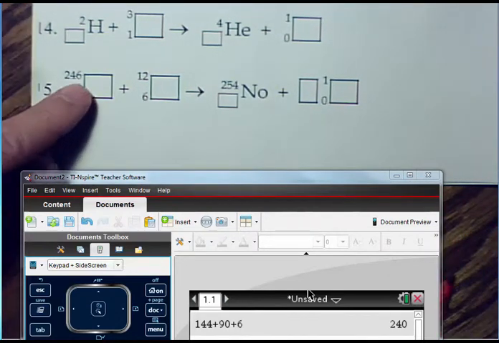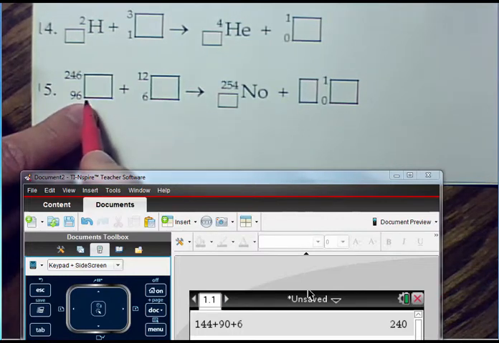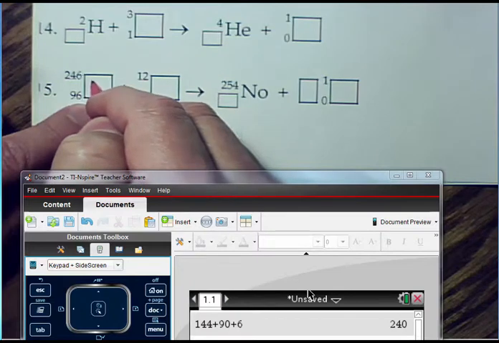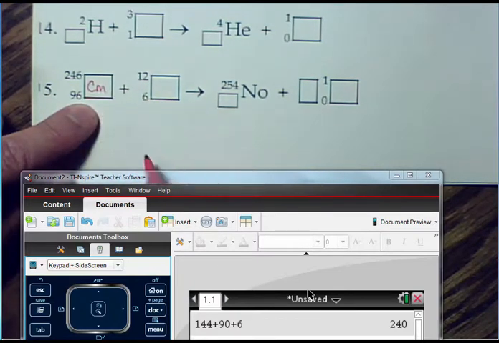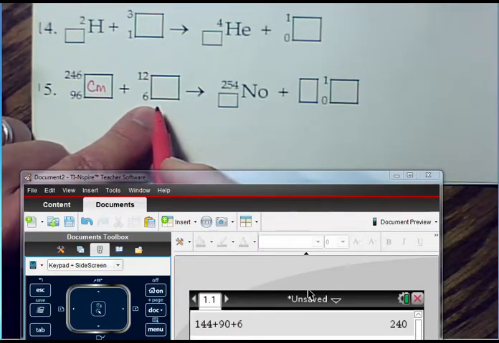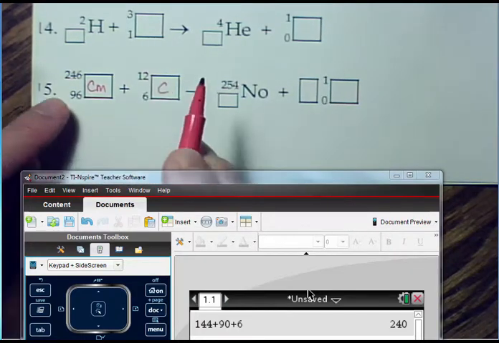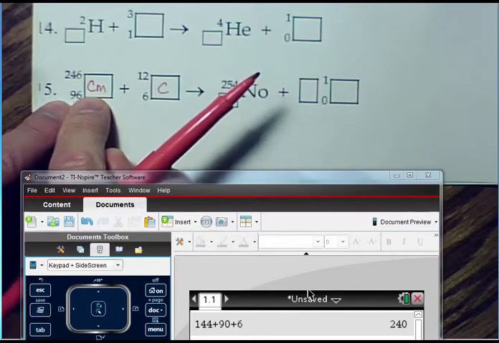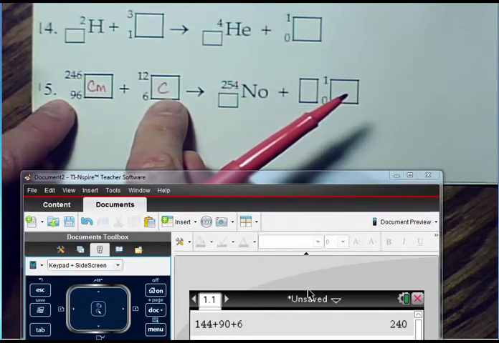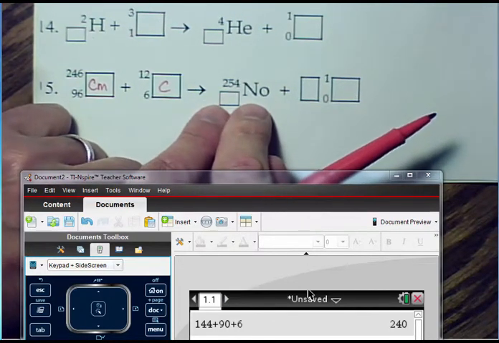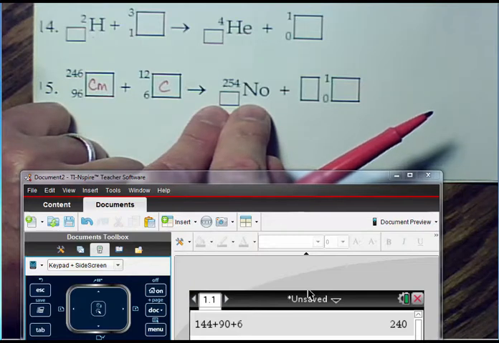All right, so number 15. What element has an atomic number of 96? Cm, which is curium. Okay. What element has an atomic number of 6? Carbon. If I have an element here and an element here, and they're putting together into making something larger, what is the process?